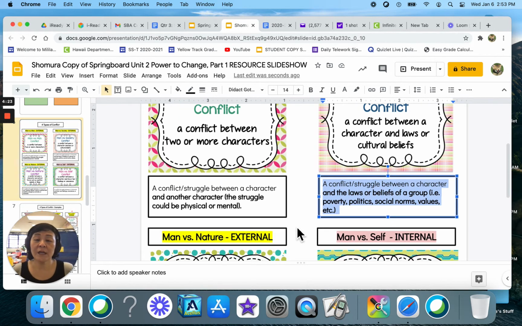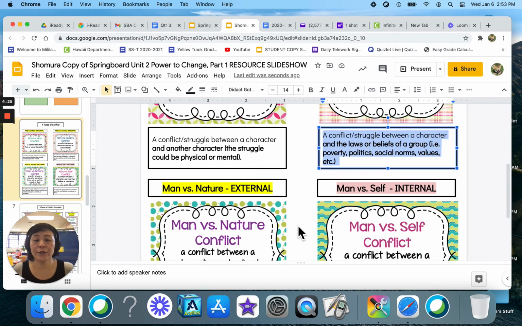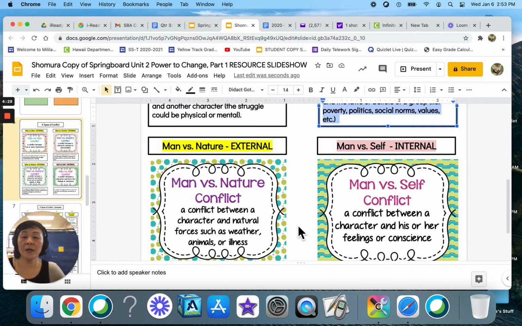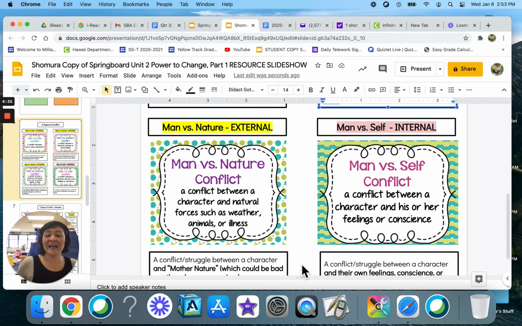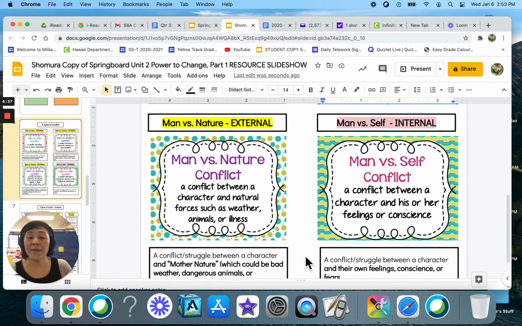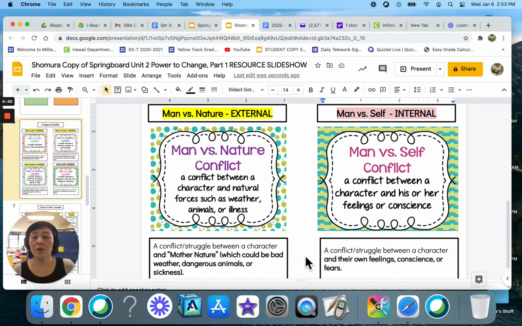The third type is man versus nature, and that again is external. So in man versus nature, it is a conflict between a character and natural forces such as weather or animals or an illness. Okay? And you will grab your composition book and you will look for the flap that has the person and the rain cloud and the bear.